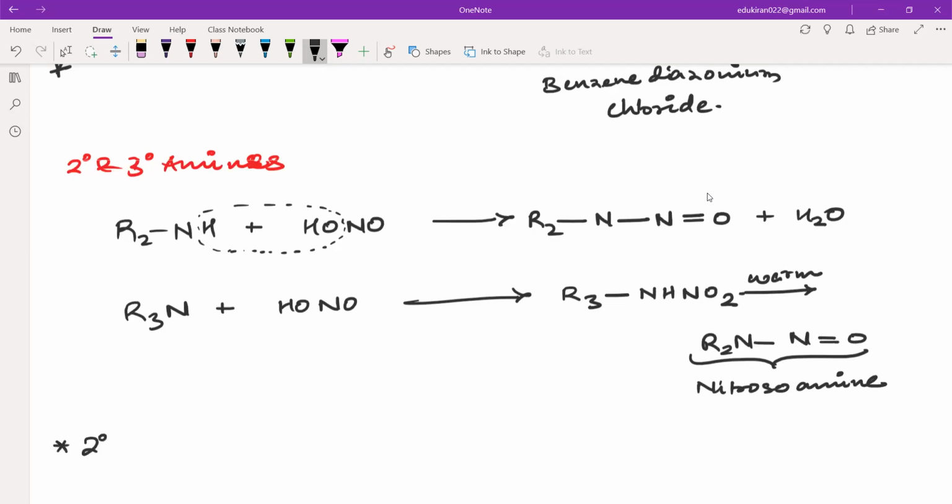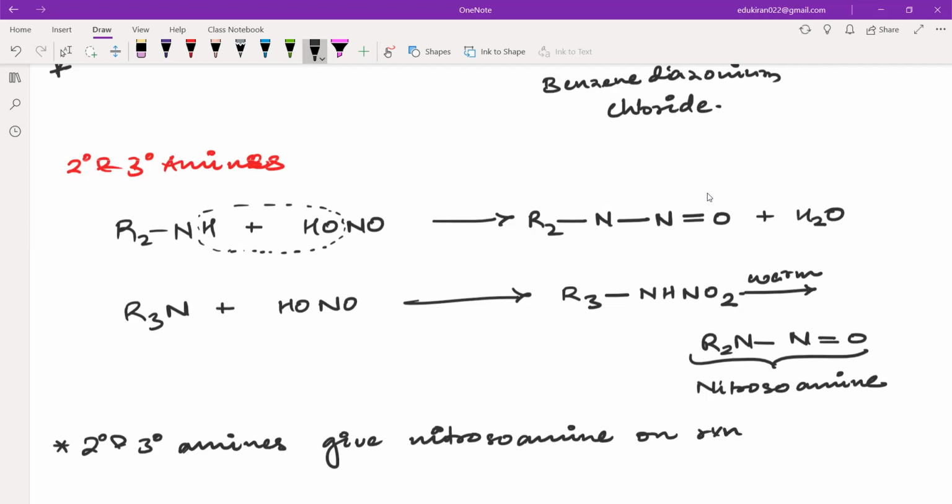That means 2 degree and 3 degree amines give nitrosoamine on reaction with nitrous acid, that is HONO. Okay. So you can write this down, but it is not there in syllabus. Please remember that 2 degree and 3 degree amines, they are not there in your syllabus. NCERT has just mentioned that 2 degree and 3 degree amines react in different manner with nitrous acid. Just that, nothing else.